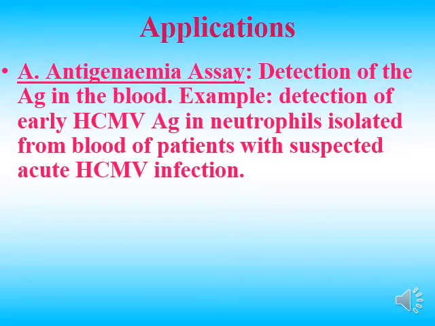الابليكيشن مال هاي الطريقة هي ثلاثة: أي antigenemia assay اللي هي detection of the antigen in the blood. Example: detection of early CMV antigen in neutrophils isolated from blood of patient with suspected acute human cytomegalovirus infection.